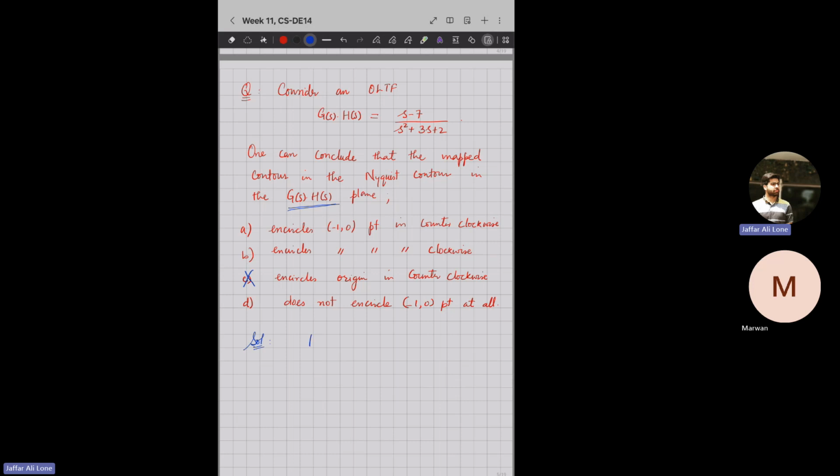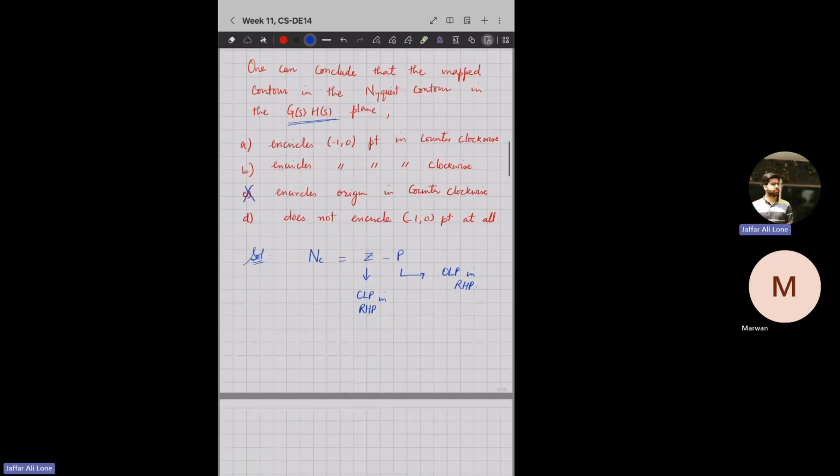We know the formula is NC is equal to Z minus P, where my Z is closed loop poles in RHP and my P is open loop poles in RHP. Correct? So basically I need to find Z and I need to find P. Let's find Z first.